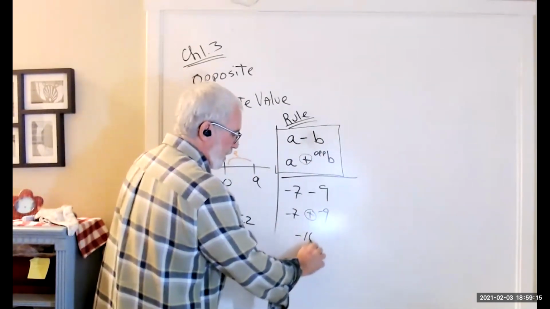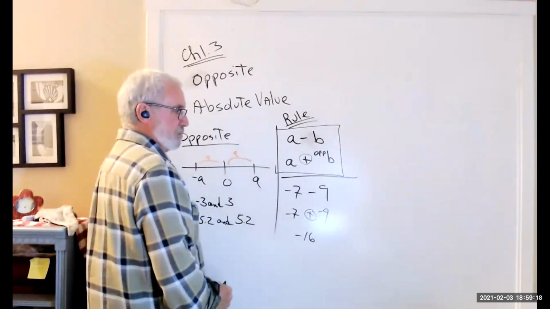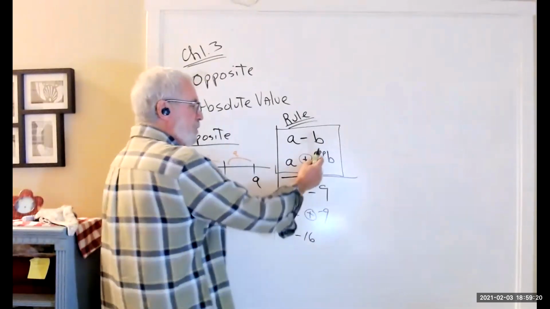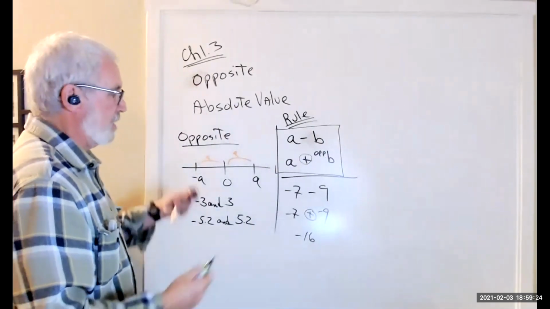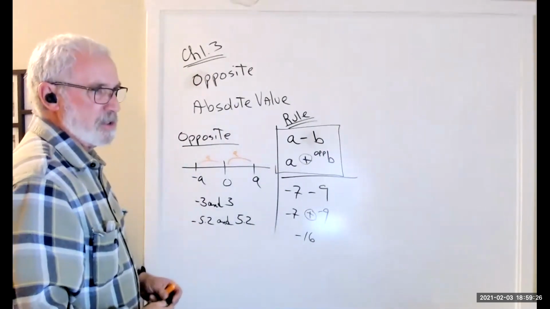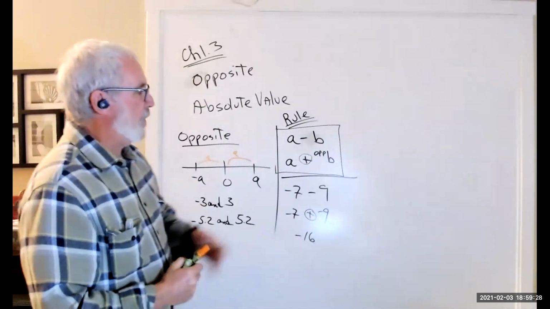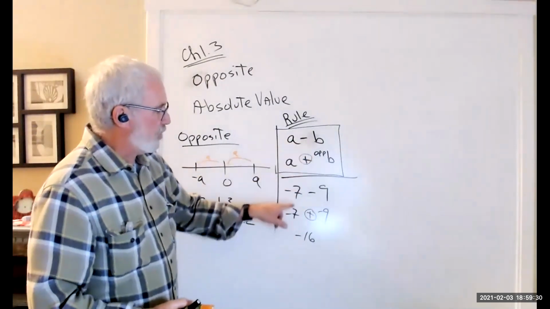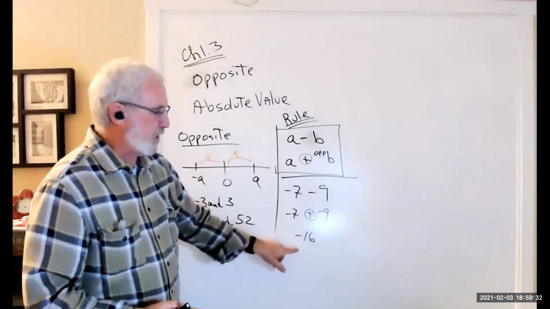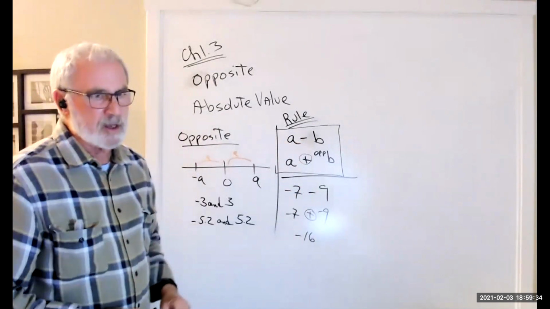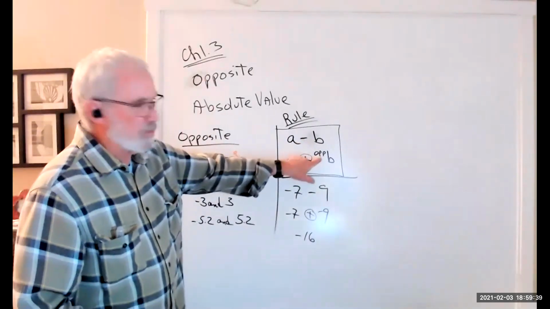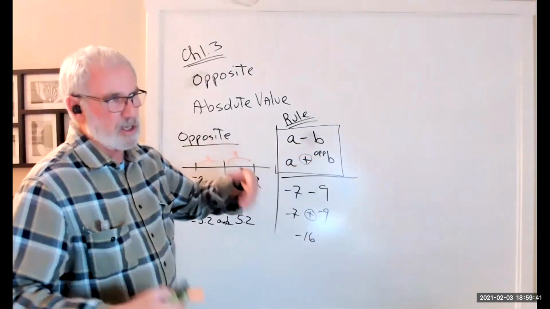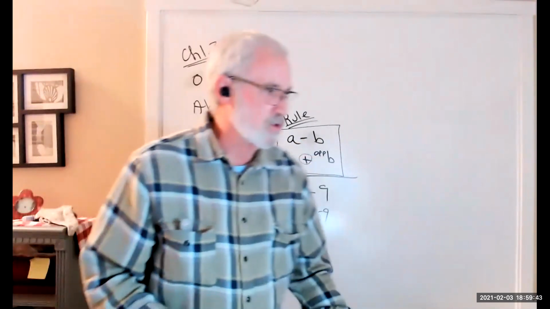So altogether, I've lost $16. So that's where we use the concept of opposite when we're adding and subtracting positive and negative numbers. Now, whether or not you actually use it here or you just knew the answer was negative 16 doesn't matter to me at all. But we do use the concept of opposite in a lot of situations.